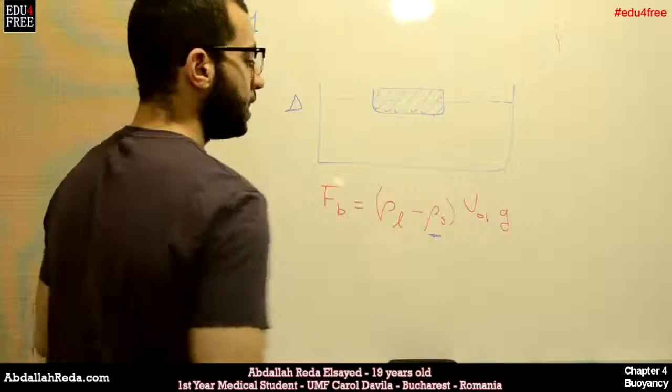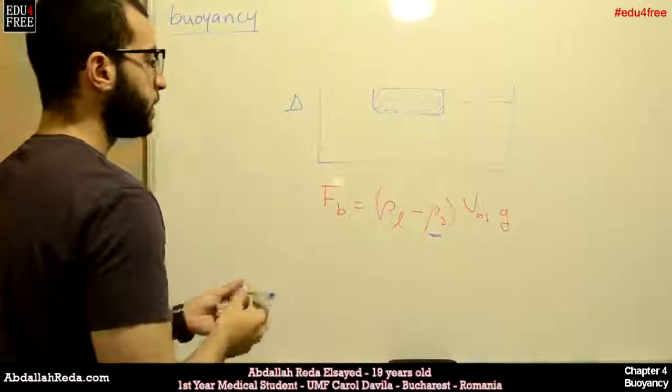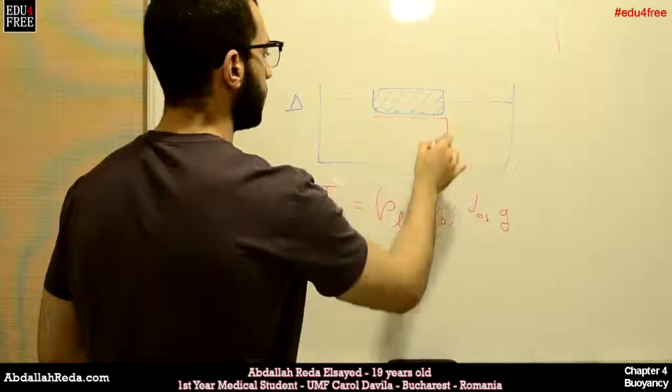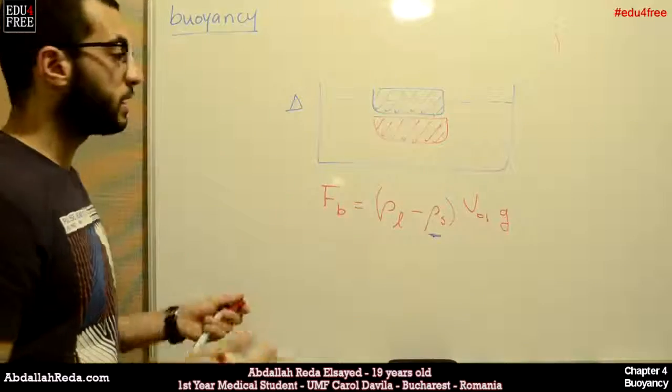If they're equal to each other, we get a zero here, and the object will be suspended in the liquid. Doesn't float and doesn't sink either.